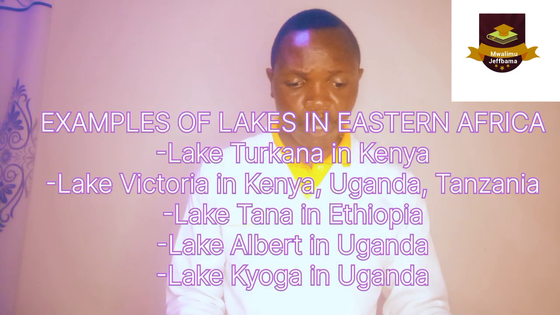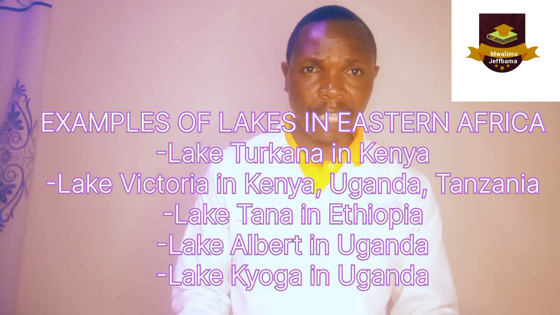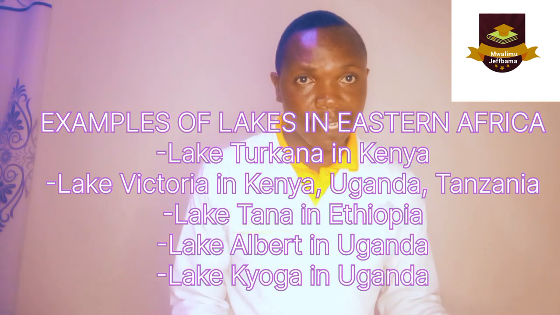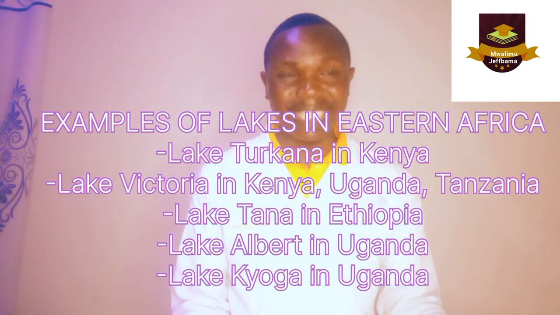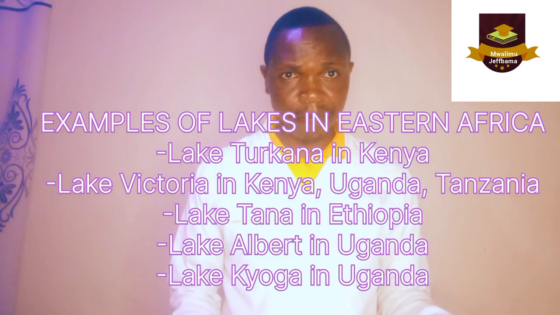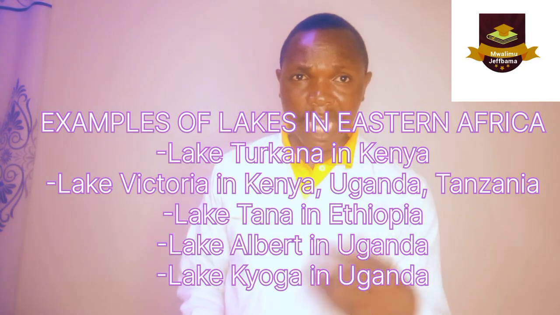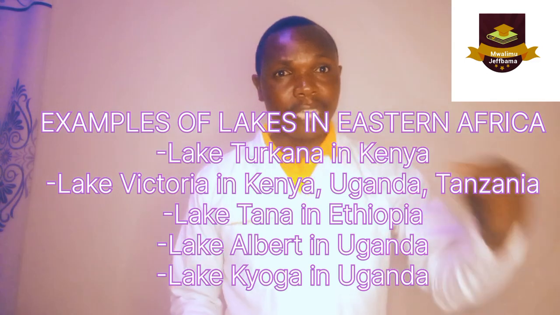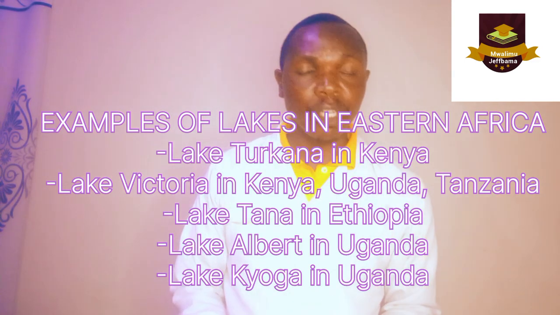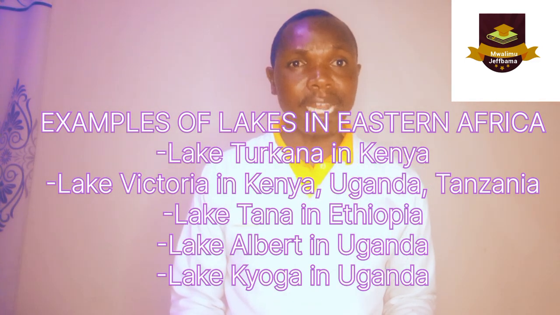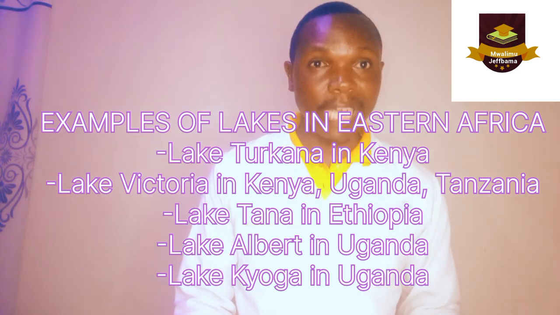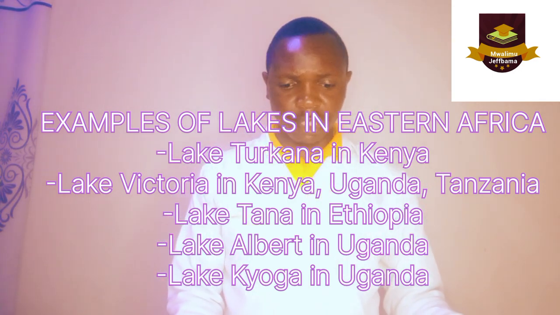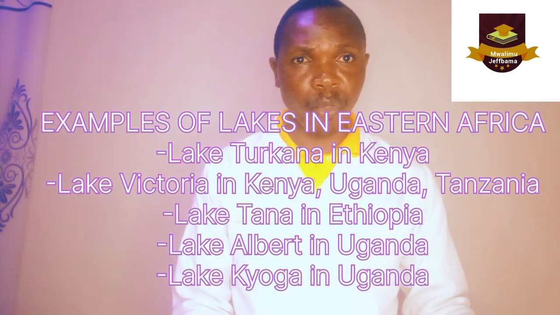We have Lake Victoria, which covers three countries: Kenya, Uganda, and Tanzania. We also have Lake Tana in Ethiopia. The name Tana is common because of Tana River in Kenya, but in Ethiopia we have a lake called Lake Tana. We also have Lake Albert and Lake Kyoga, both in Uganda.